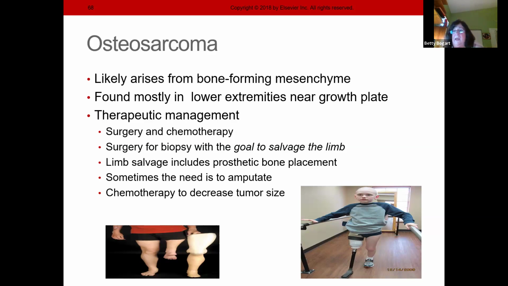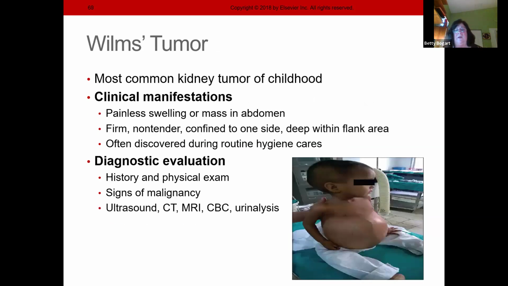They take the lower leg, turn it around, and put it back into that hip joint area. And why? Well, it's a place to put the prosthesis. So they'll be able to walk. So they'll be looking, quote, more normal. We call that salvaging the limb. And these kids, through therapy, do okay, as long as it hasn't metastasized anywhere.